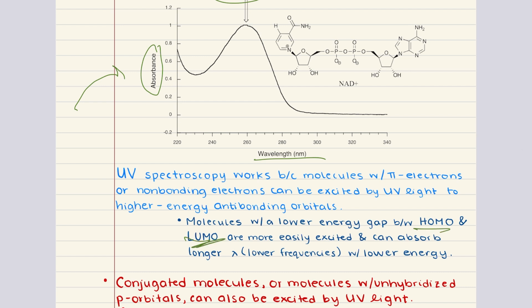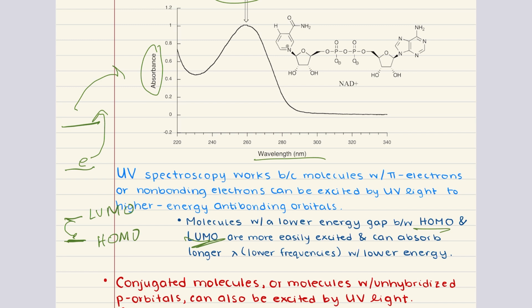If the gap between the HOMO and the LUMO is small, then only a small amount of energy is needed to excite an electron from the HOMO to the LUMO. That means the molecule can absorb longer wavelengths of light, which have less energy. On the other hand, if the energy gap is large, then it takes more energy to excite the electron, so the molecule absorbs shorter wavelengths which have higher energy.